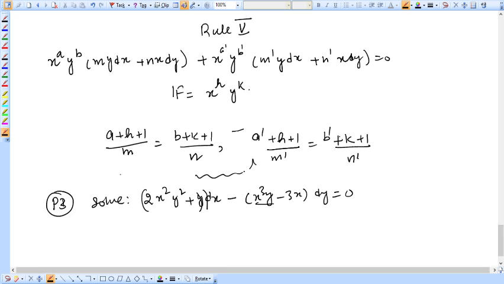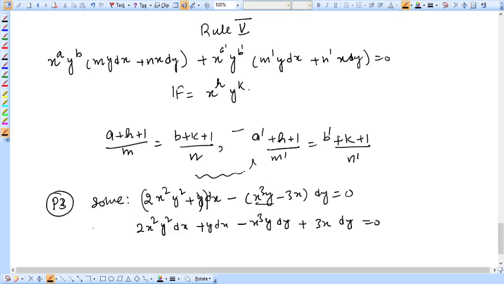Let us see, can we write this equation in the form which I wrote above? Let me rewrite it: 2x² y² dx plus y dx minus x³ y dy plus 3x dy equal to 0.